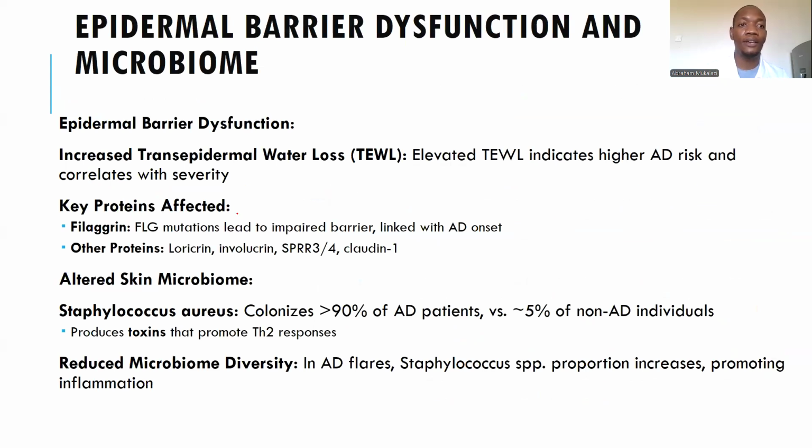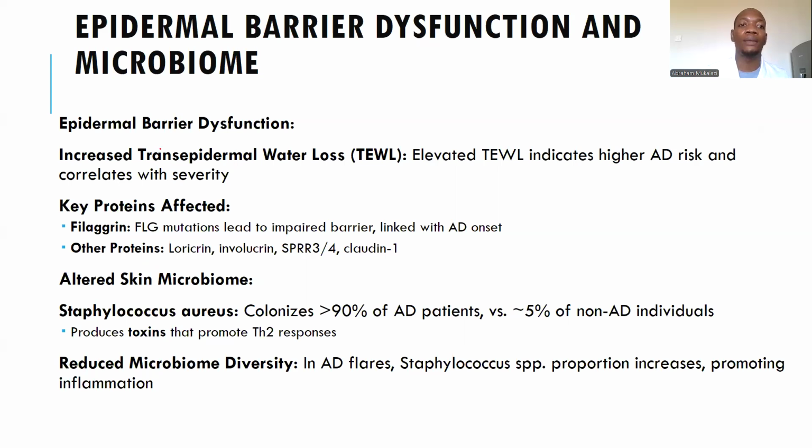So when we look at the epidermal barrier dysfunction and the microbiome, we've hinted on this already. We usually have increased transepidermal water loss because you're not having a well-made skin barrier. So you lose a lot of water through the skin. And this simply indicates that your skin dries out very, very fast, and that usually correlates with the severity of the condition.